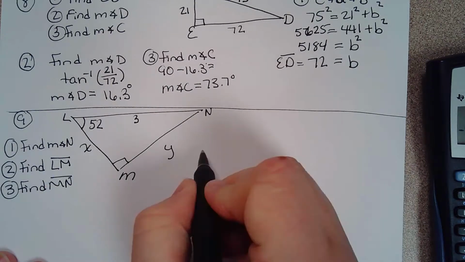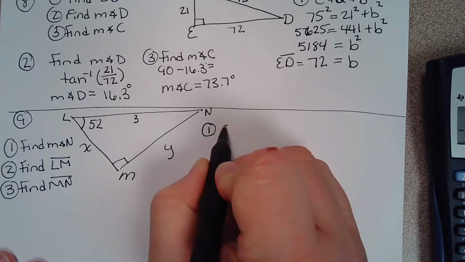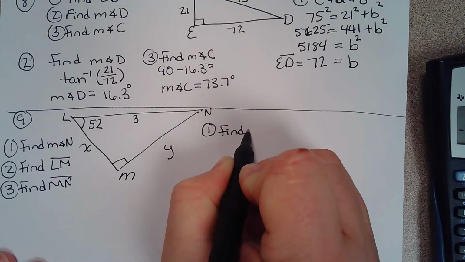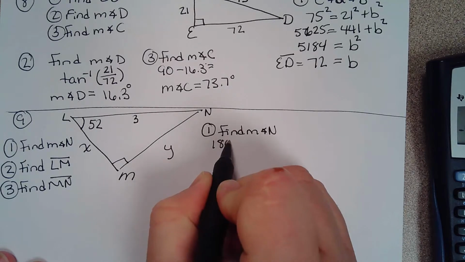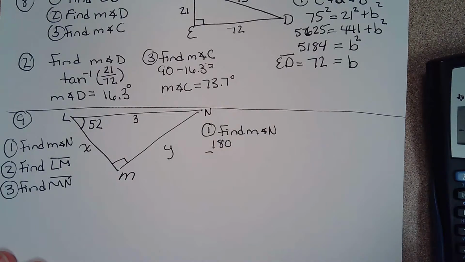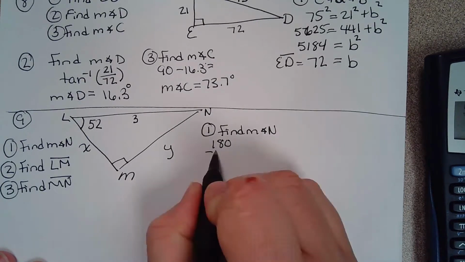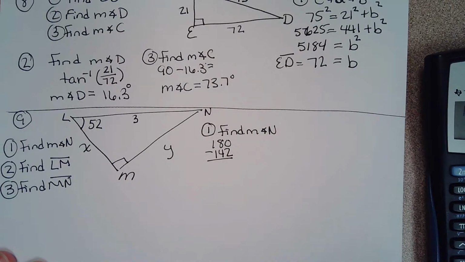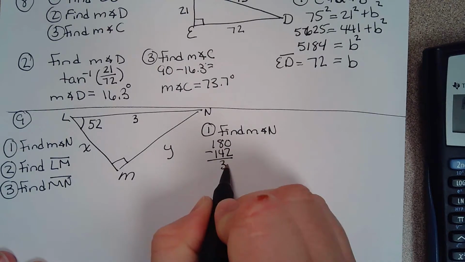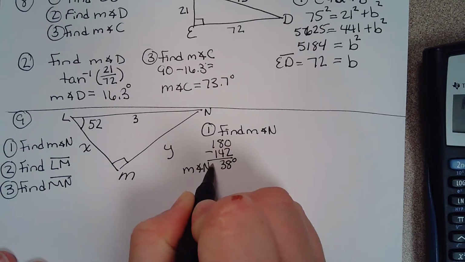So to do step 1, very straightforward, we're going to find the measure of angle N, and I'm literally just going to take 180 and subtract the sum of 90 plus 52. So 52 plus 90 gives me 142. I subtract it from the 180 and we get 38 degrees. So measure of angle N is 38 degrees.